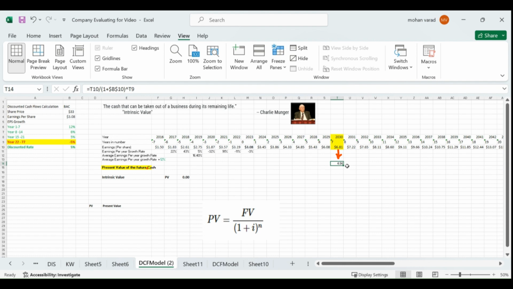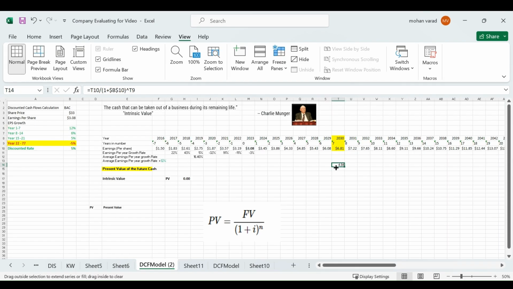And you see that $6.81 earned 7 years from now has a present value of $4.84. Now let me drag all the way back to the current year 0.